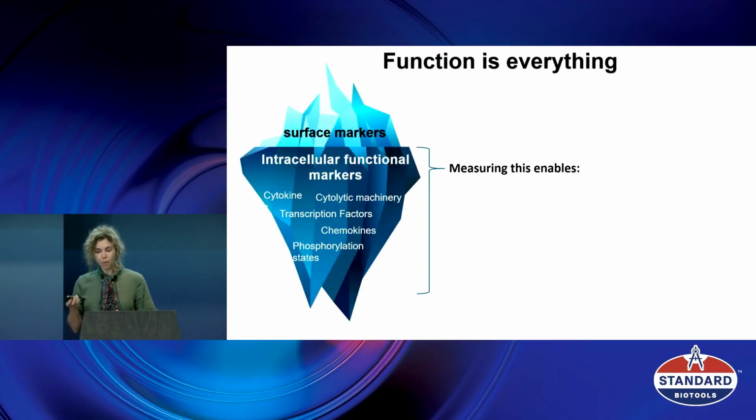If we look at the surface markers, the classic phenotyping concept, it's only the tip of the iceberg, and the actual function can only be defined if we look at what's happening inside the cell, so the intracellular functional markers. Historically, we were interested in the cytokine profiles, but there are also all kinds of other aspects that people look at: the metabolic programs, the transcription factors, the signal transduction and phospho cascades.